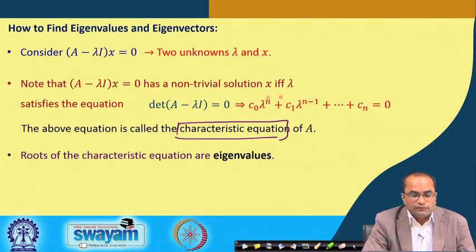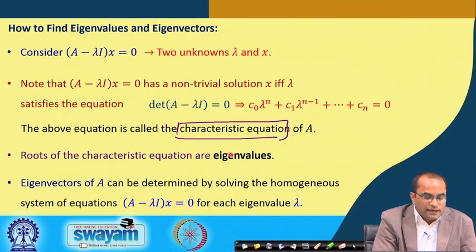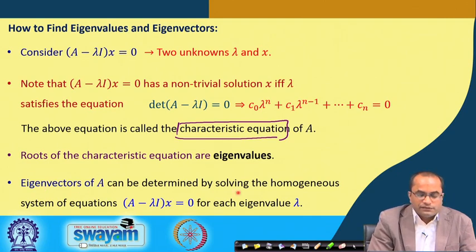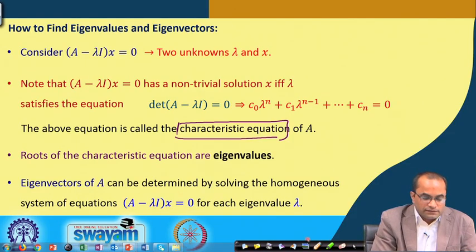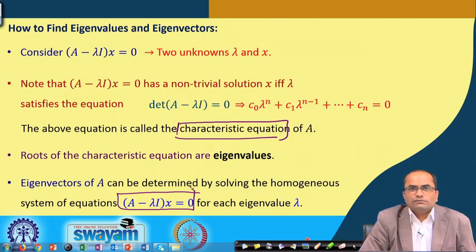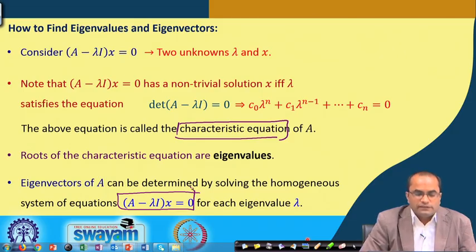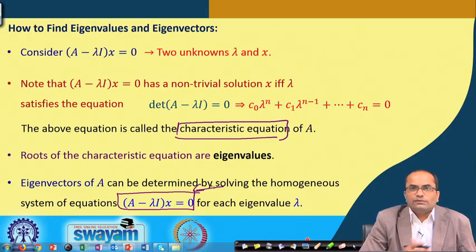Once we solve this characteristic equation, we will get all the eigenvalues, and the eigenvectors of A can be determined by solving the homogeneous system of linear equations, that means (A minus lambda I) x is equal to 0. So we need to solve again a system of linear equations. From the beginning of these lectures in linear algebra, I am emphasizing again and again the system of linear equations, because at each and every step finally we are solving a system of linear equations.